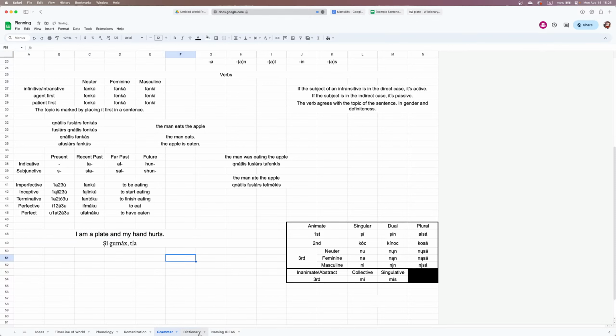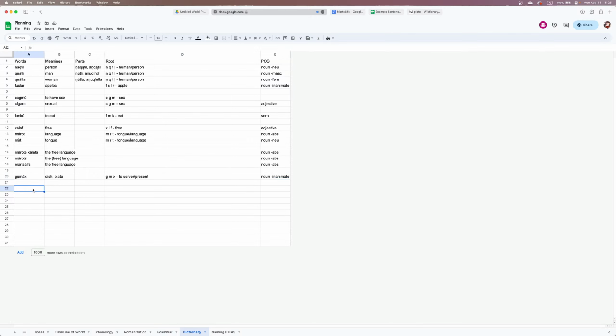Then hand. So this might just be one of those words that doesn't have a root. It is just a word, which is very common in Afroasiatic languages, much more than people realize.